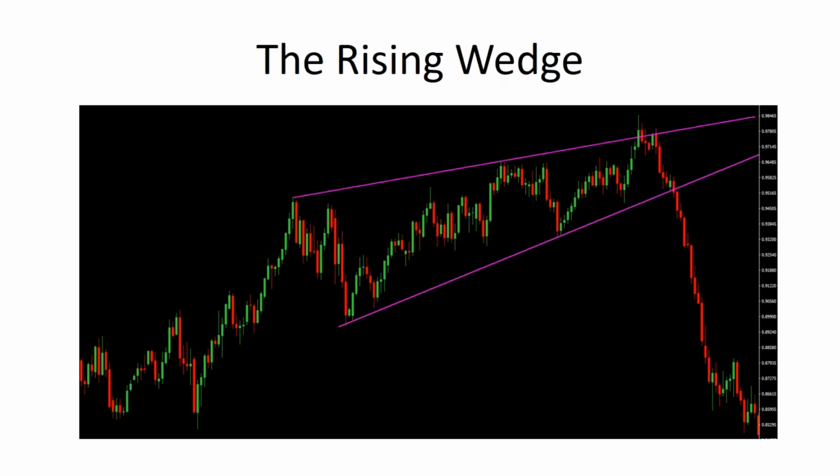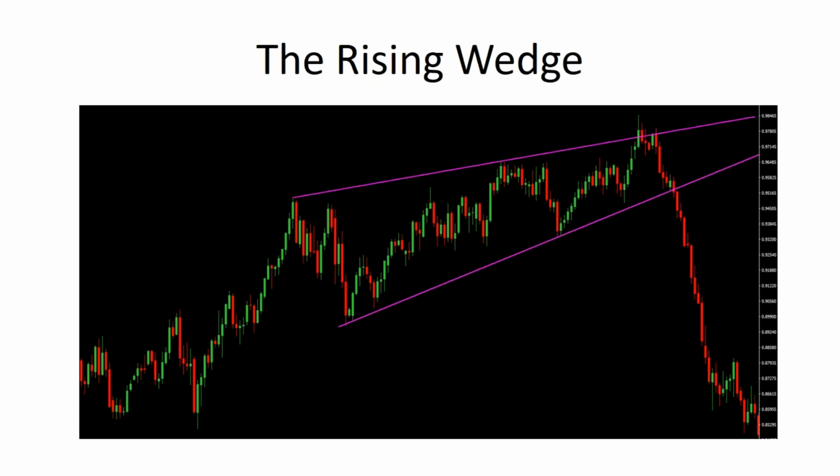And this is showing us the opposite of what we saw with the falling wedge: this time buyers are starting to lose control and sellers are stepping in earlier and earlier each time. So each time price goes up, sellers are stepping in earlier and earlier, and again this alerts us to potential for a reversal.